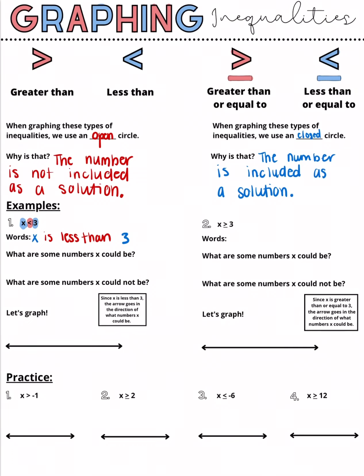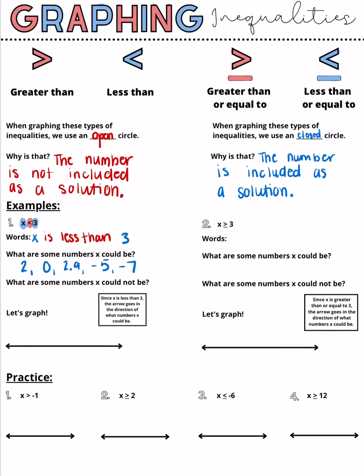So let's think of some numbers x could be. Because it's less than 3, x could be 2. It could be 0. It can be 2.9. It can be -5 or -7. Any of those would be numbers that are less than 3.